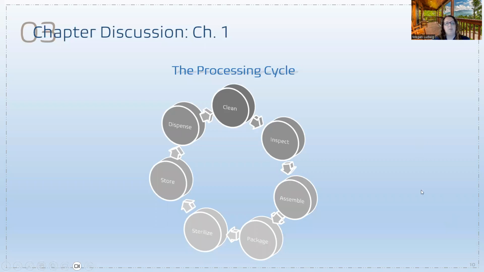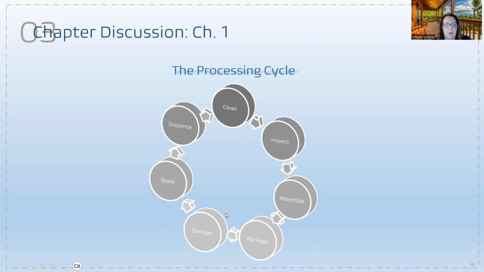So we talk about the processing cycle when we are talking about keeping the clean and dirty separate. The processing cycle of the instrument, we're going to say it starts with clean, it's been inspected after it's been decontaminated here, inspected to make sure it's okay to reprocess and use. It's going to be reassembled and properly packaged according to what it is or how it needs to be packaged.